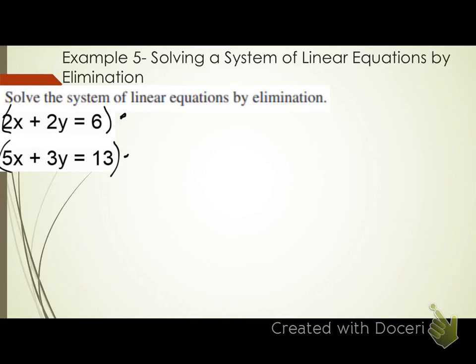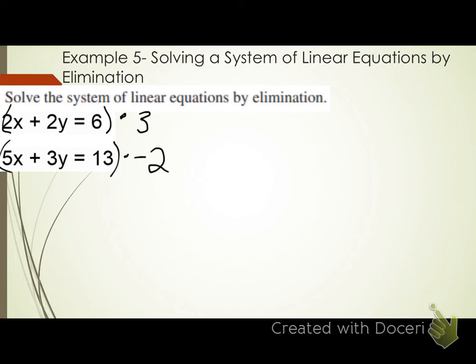I can't hear you. What am I multiplying the top by to get 2 to 6? 3. What am I multiplying the bottom by? Negative 2. Because one of them has to be negative because they have the same signs right now.